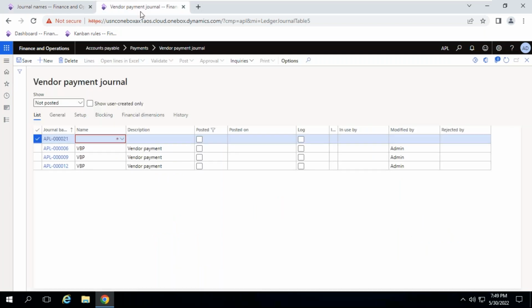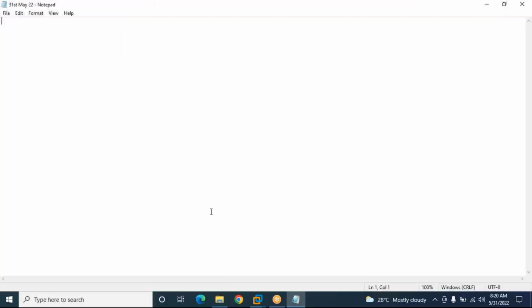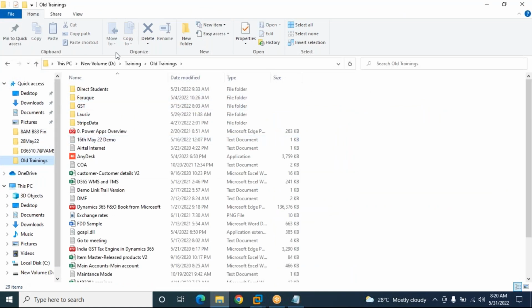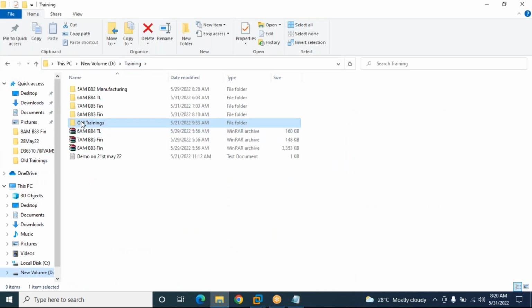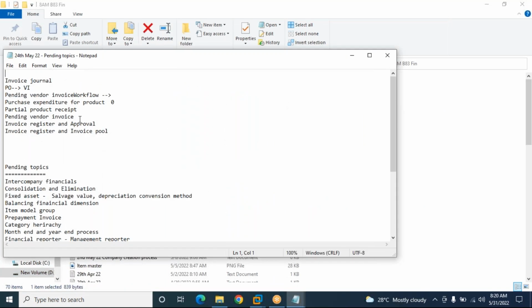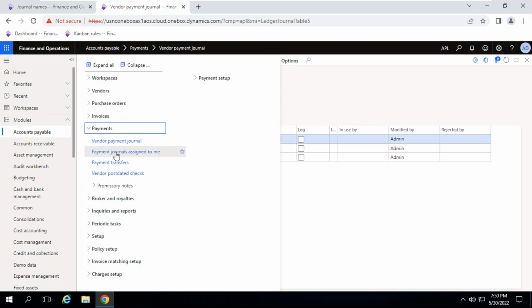we have discussed yesterday or the day before yesterday. One minute, let me go back. So we have learned invoice register. That invoice register means this one. We have learned how to create an invoice register. Am I right?